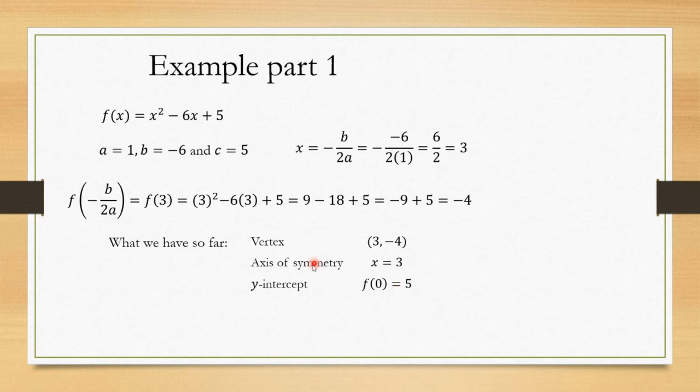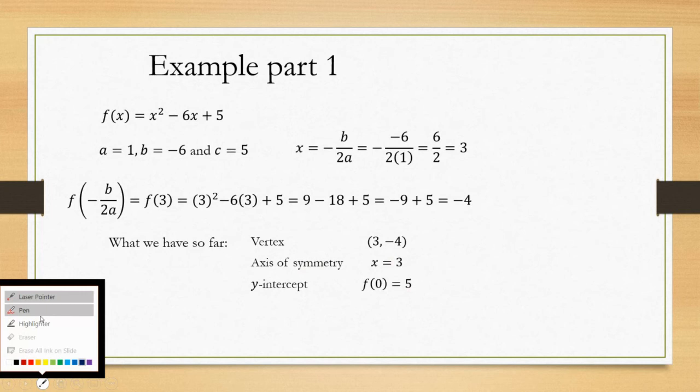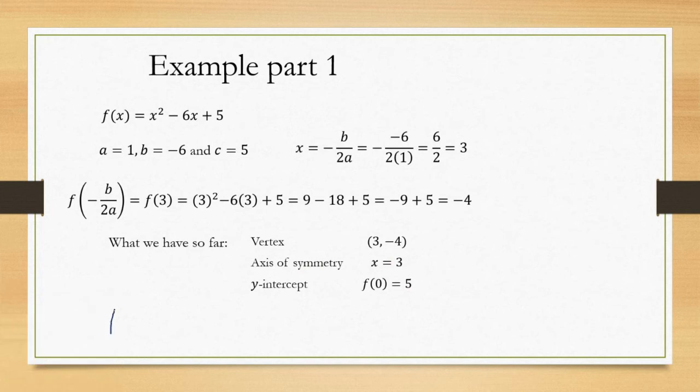And right away, we can determine the range of this thing. In fact, for fun, I'm going to do that. So for the range, since A is positive, we know the graph's going to open upward like this.